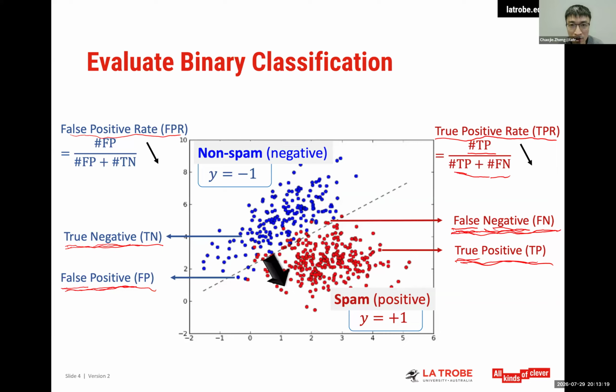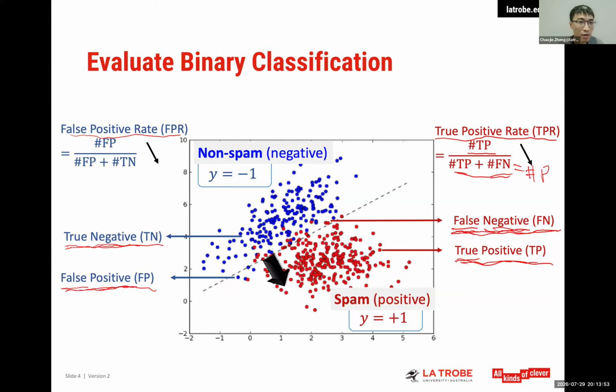So the number of true positives, that is all the right points below the separator, and the false negatives are the red points on the wrong side of the separator. So that means the denominator is the total number of positive cases, positive data samples.